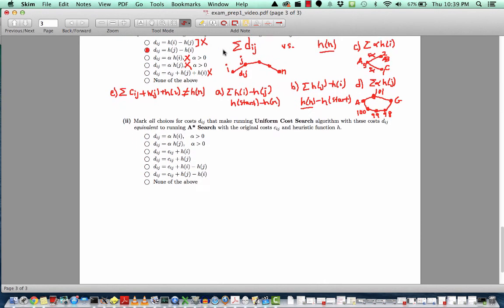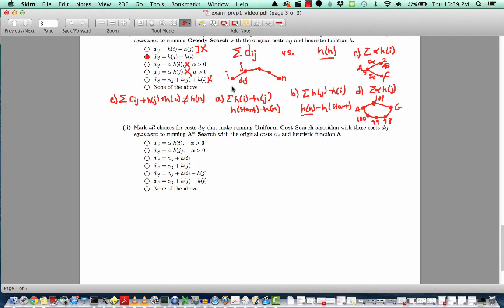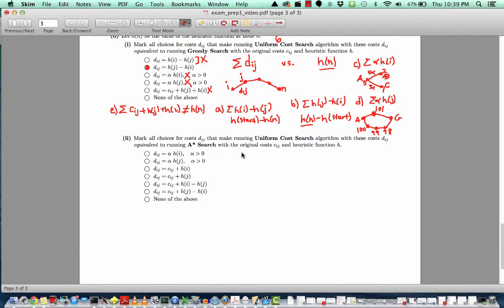Now let's move on to the last part of part D, comparing uniform cost search to A-star search. In this case, what we're interested in is A-star search, which uses the costs cij, and this is your term g of n, plus h of n to expand nodes, versus uniform cost search, which uses the sum over dij.